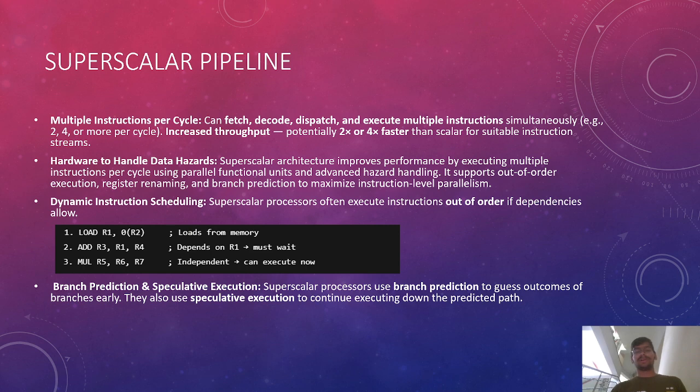Superscalar processors use branch prediction to test outcomes of branches early. They also use speculative execution to continue executing down the predicted path. It has the capability of predicting the output of the branch, and it continues executing the predicted path by speculative execution.